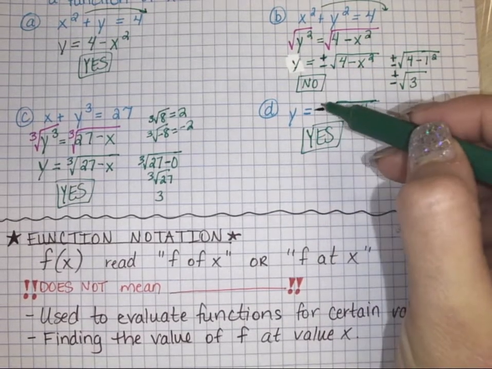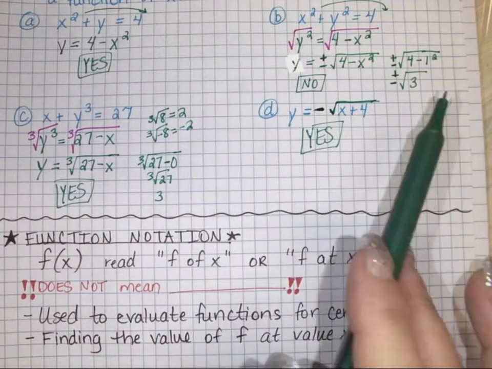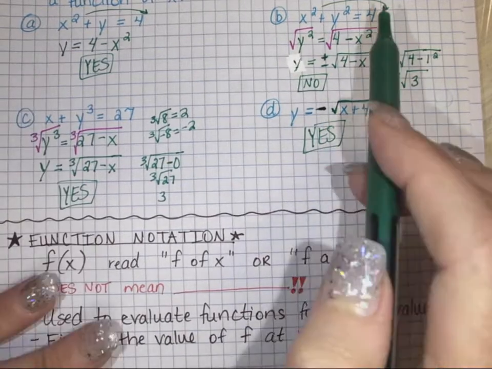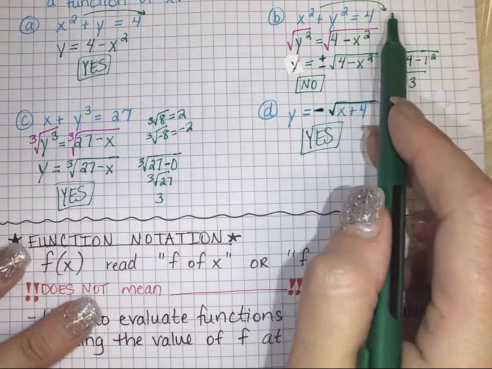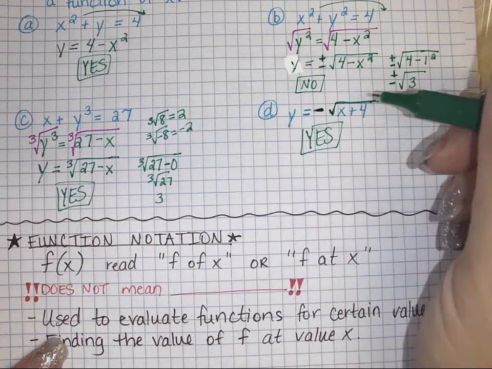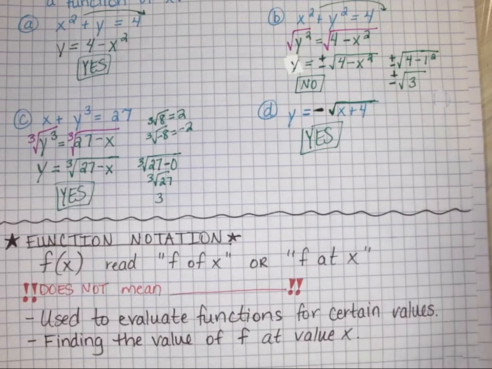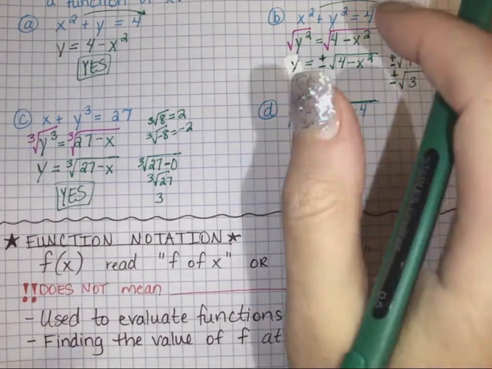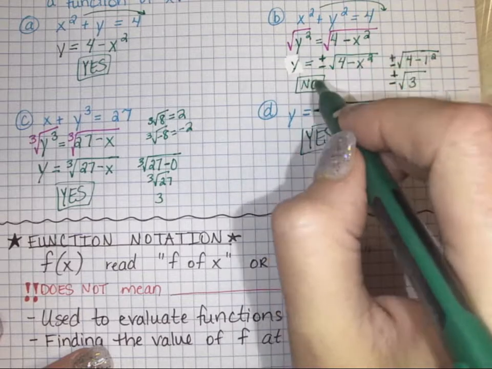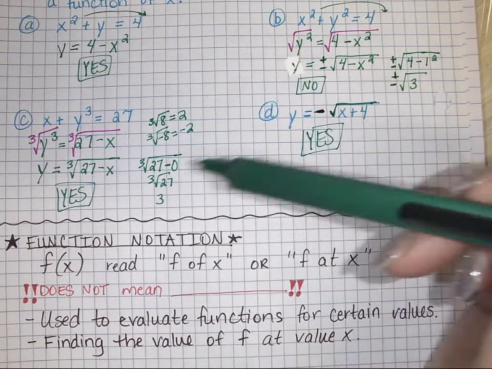If this was positive and negative, you would say no. And in part B, once again, that had an even power. So a shortcut is really going to be to look at the power of y. If you see a y squared in your problem and it does not specify to only take a negative or positive square root, I hope that makes sense, then it's going to be no. So even power, usually no. Odd power, usually yes.